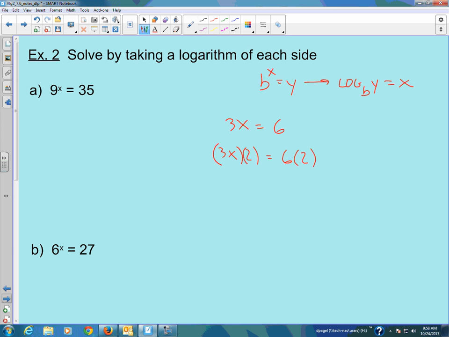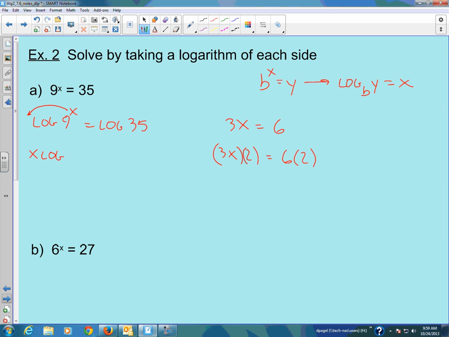So what is not currently a logarithm, I could make a logarithm. On the left-hand side, I could write this as log base 10 of 9 to the x power, and then make this one log base 10 of 35. Now I just use my properties of exponents, and I see that the power x is going to come out in front.